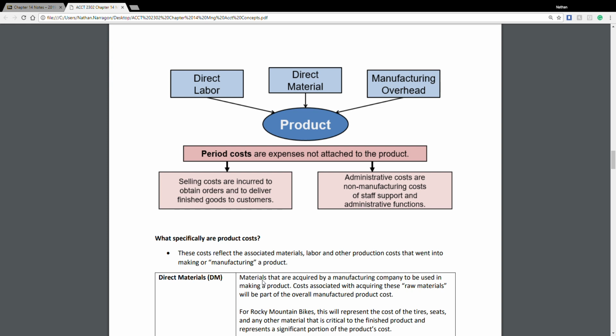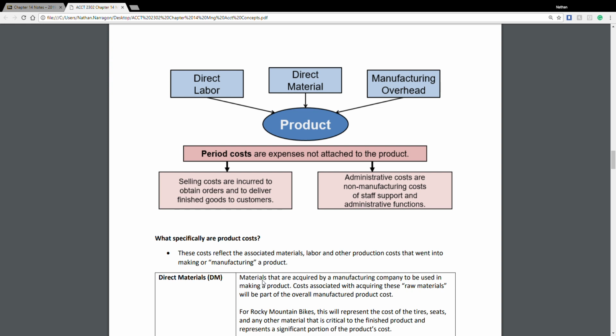Again, we have the big three. You're going to see these big three throughout this whole course: direct labor, direct materials, and manufacturing overhead. They all go into the product. So, period costs are expenses not attached to the product.